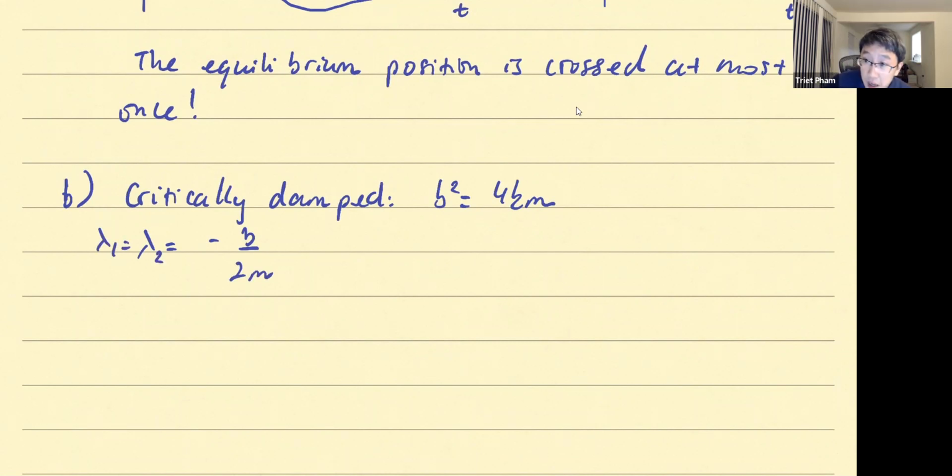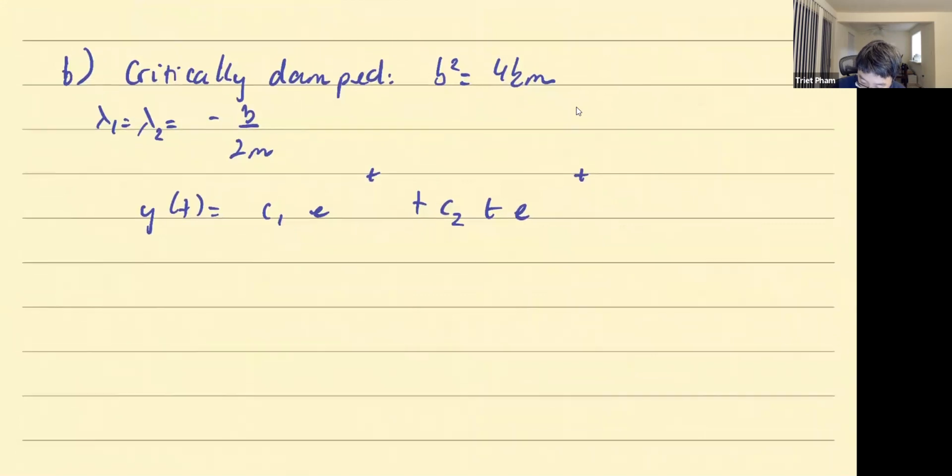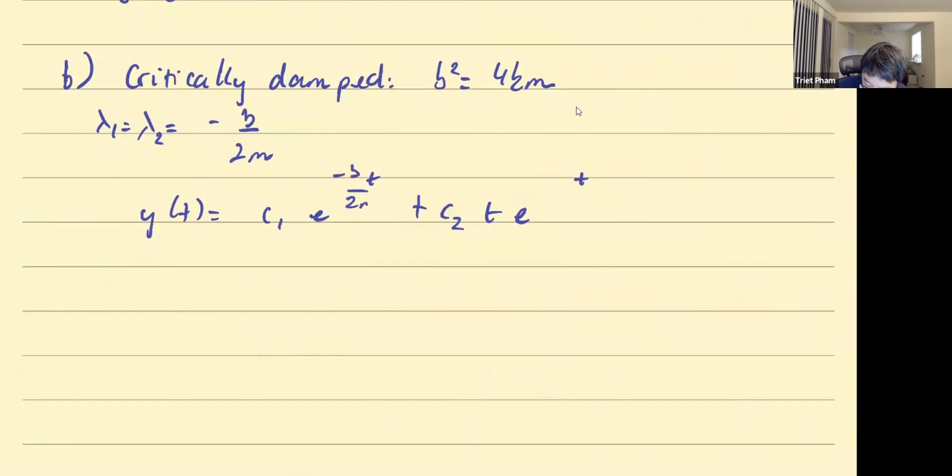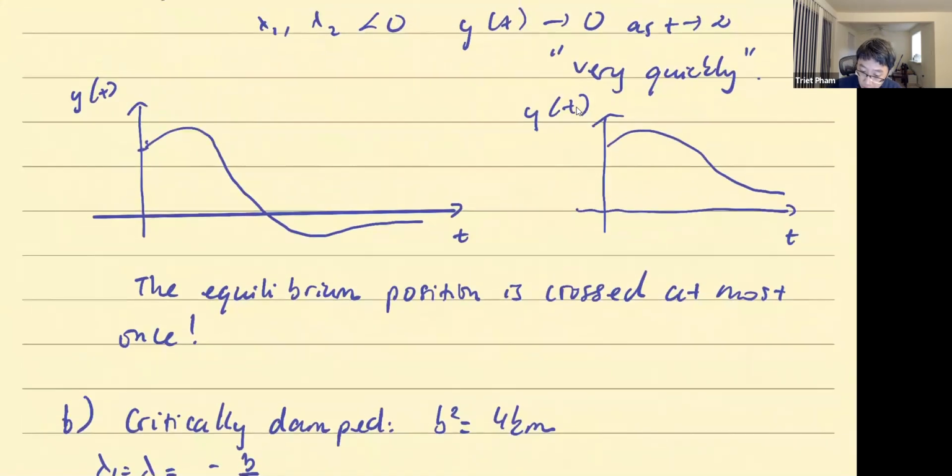Even though it's this, clearly the solution is this, and both are still negative. You have a t here, but that doesn't help you much. This is actually minus b over 2m. And the behavior of the system is the same thing as this. Also, equilibrium is crossed at most once.